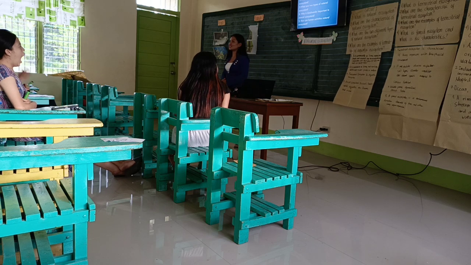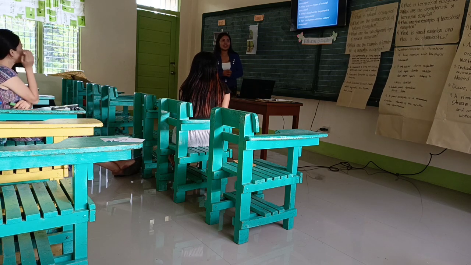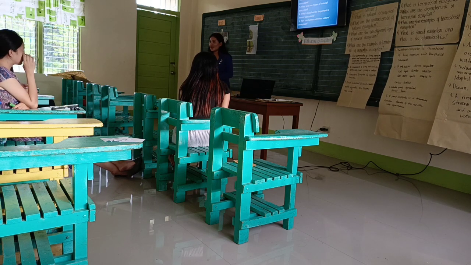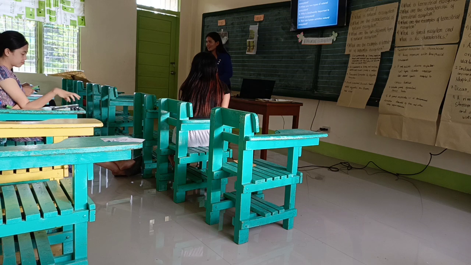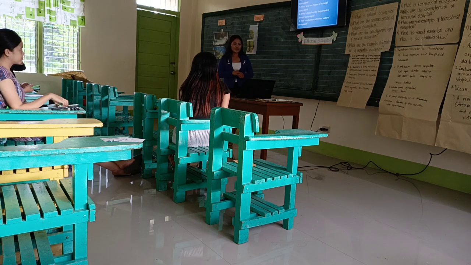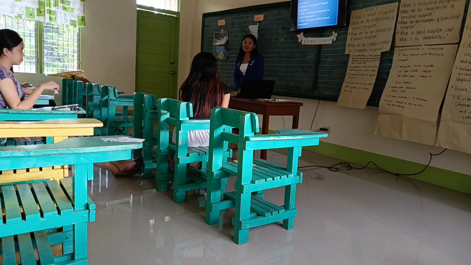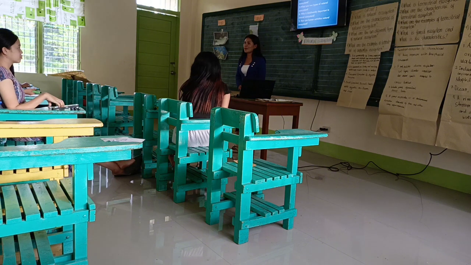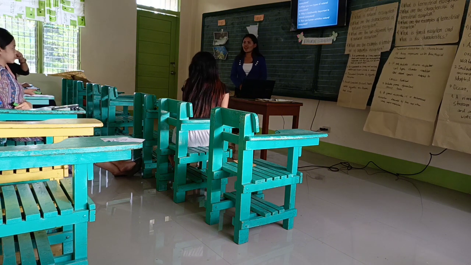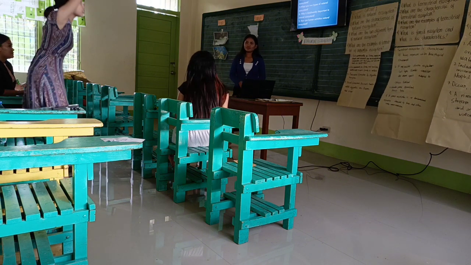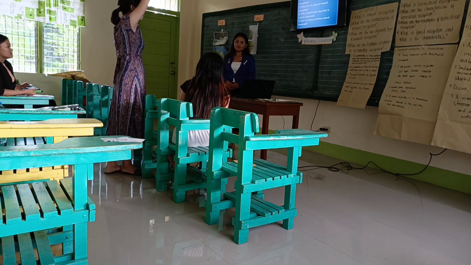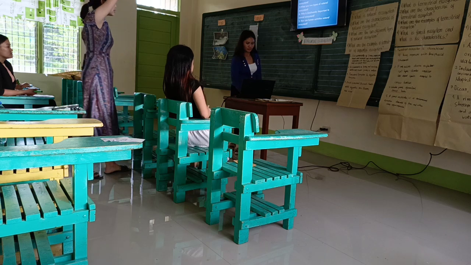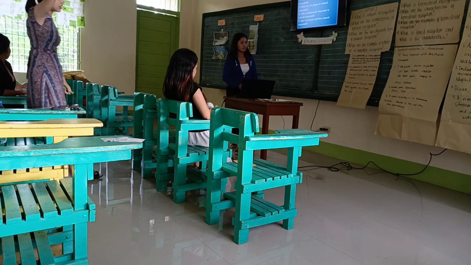Okay, the natural ecosystem refers to a community of living organisms such as plants and animals interacting with each other and their physical environment. And now class, for the second question, what are the characteristics of natural ecosystem? Okay, Alea, the characteristics of natural ecosystems is a community of living and non-living entities and occurs freely in nature.